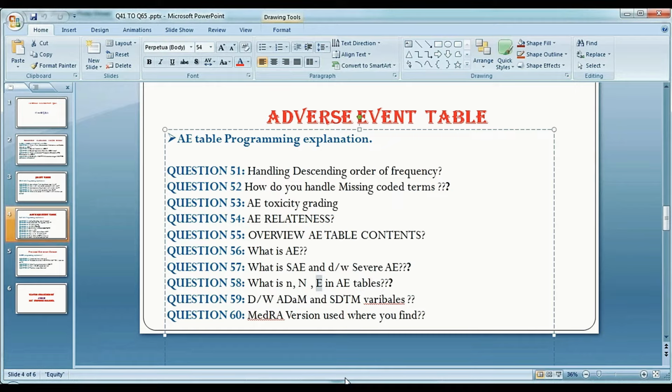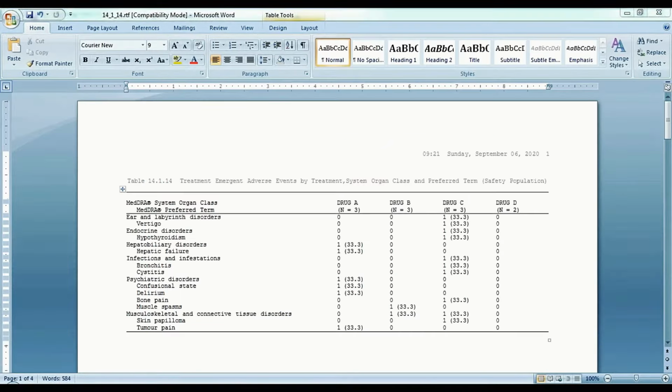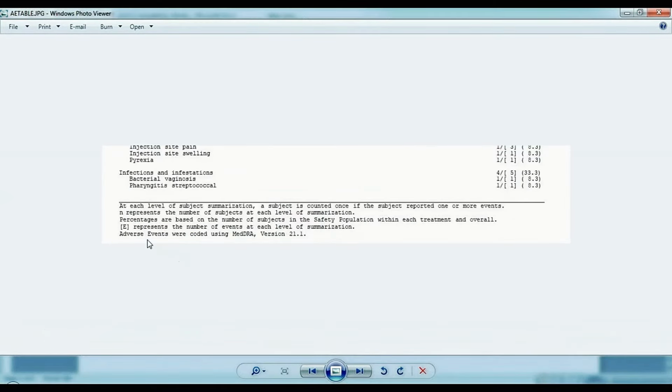E represents the number of adverse events. Here the first 4 is the subject count. For infections and infestations, 4 subjects got it, and these 4 subjects got the adverse event 5 times. So the total number of times the adverse event occurred represents the number of events: 4 subjects, 5 adverse events.